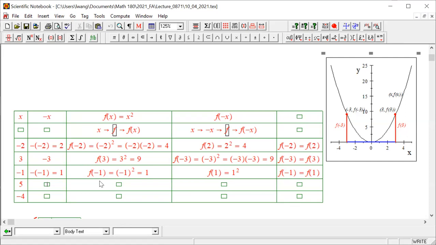Professor, can you repeat the question, please? When the inputs are opposite to each other, whenever the inputs are opposites, what happened? Their respective outputs are what?